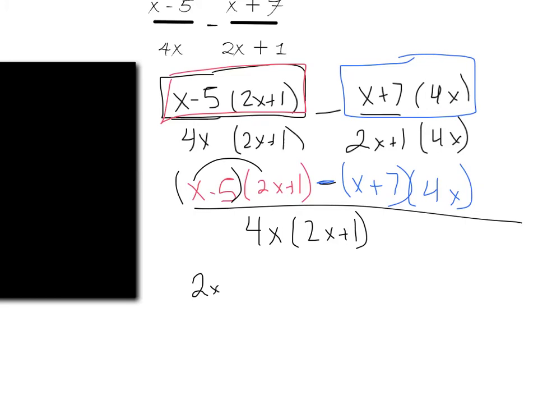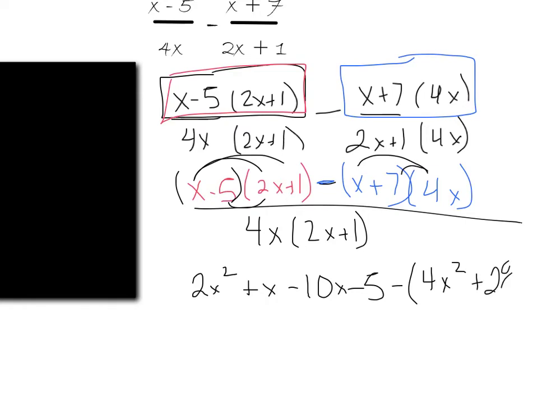2x squared plus an x minus a 10x minus a 5, subtracted by 4x squared plus 28x. Okay.